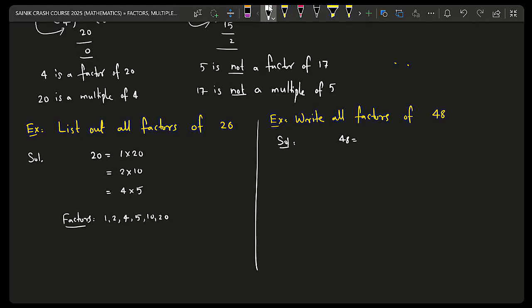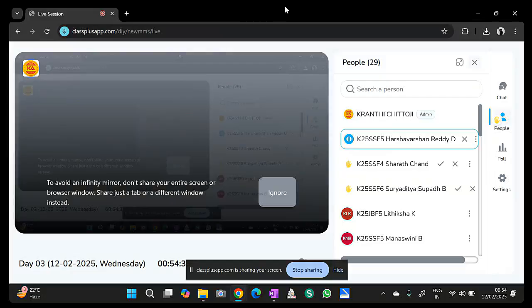How can I write it? 1 into 48. Okay, next, what about 2? 2 multiplied... First, you be ready with your solution and then come here, Harshvardhan. 24. Yes, 24. And then 3. Not a multiple, I think so. Check properly and come back, Harshvardhan. First, write all the solution.